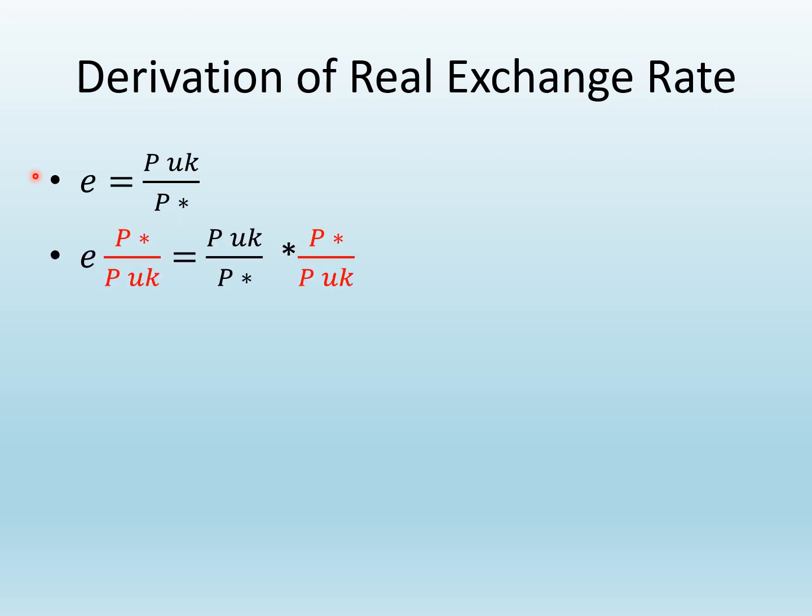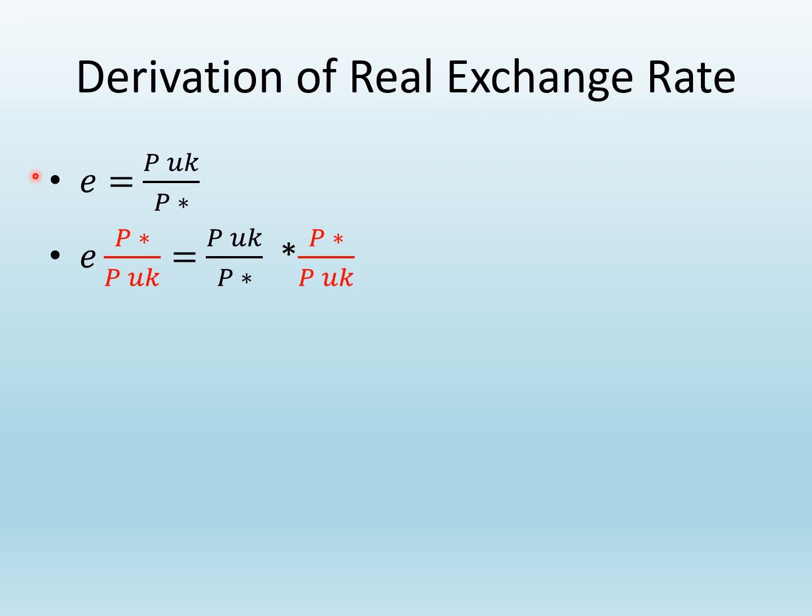What the previous 2 diagrams have shown is the very powerful logic of the real exchange rate. We now want to just begin to question that logic by running a derivation of the real exchange rate. So we start with the nominal exchange rate in order to get from nominal to real. In order to move towards the real exchange rate, we multiply the nominal rate by the inverse of the price ratios.